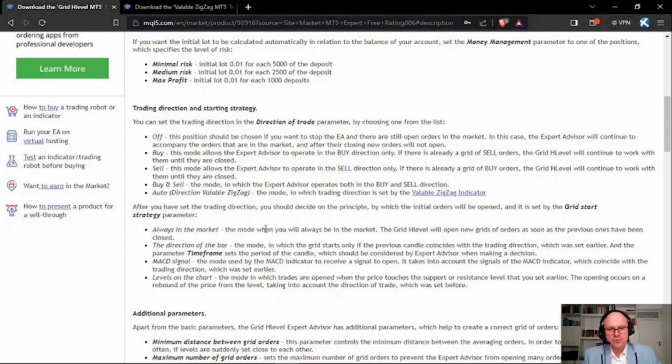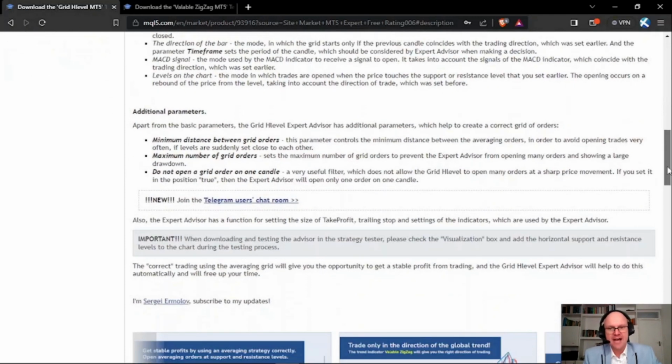When it comes to the direction of the bar, you need to also set the quantity of previous candles and additionally the time frame of which candles it is using. On top of these two very important things, you also have your minimum distance between grid orders, your maximum number of orders in a grid, and a setting to not open more than one per candle.